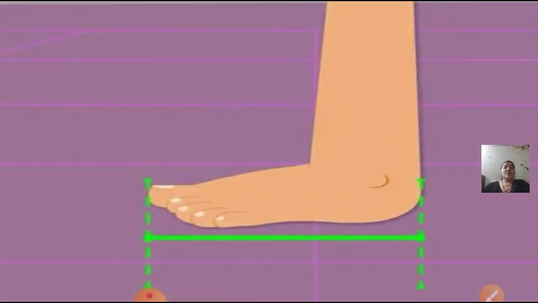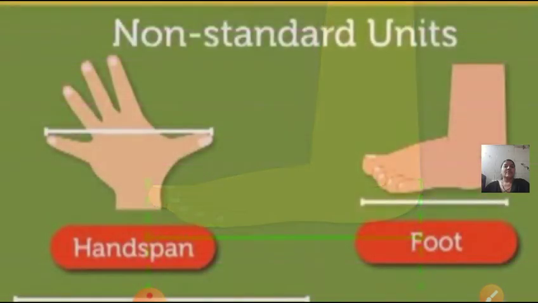And this is a foot. We can also use our foot for taking measurements to see the length of an object. So these are the non-standard units of measurement, hand span or foot.